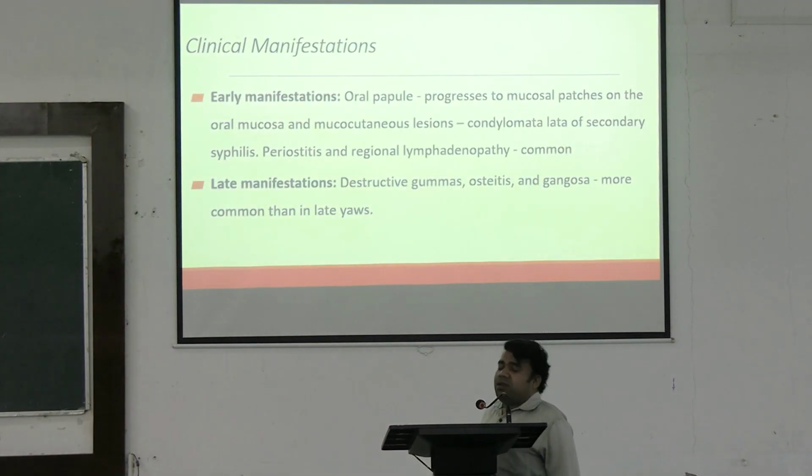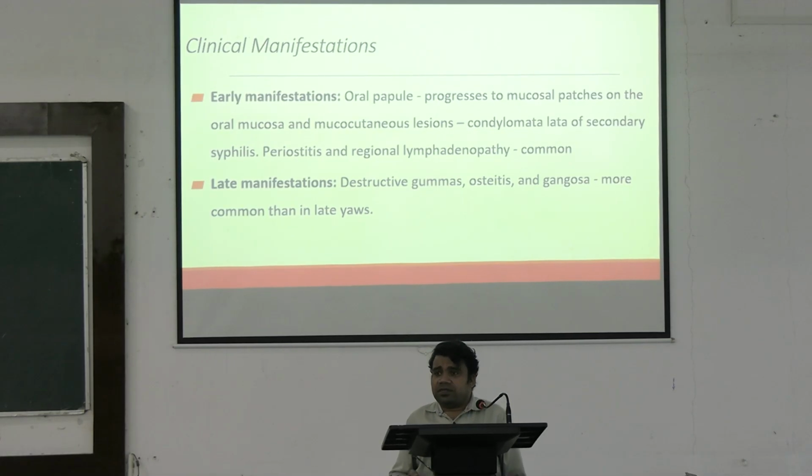Over here we can find early in the disease we have oral papules. On coming in contact with saliva of another patient, initial oral infections are seen, which progress to mucosal patches in the oral mucosa and pharyngeal region. Thereafter, we can find regional lymphadenopathy, and like syphilis, we can even find condyloma lata of the secondary syphilis.